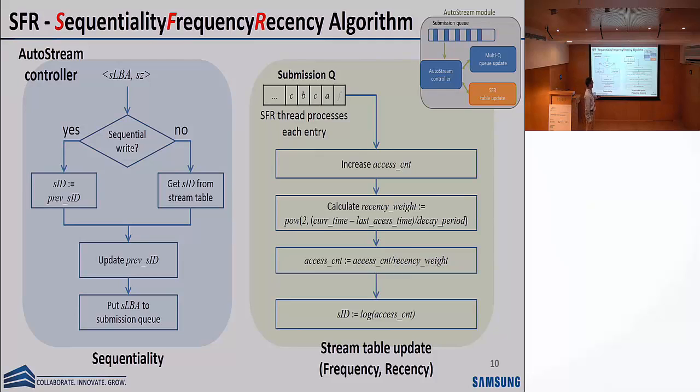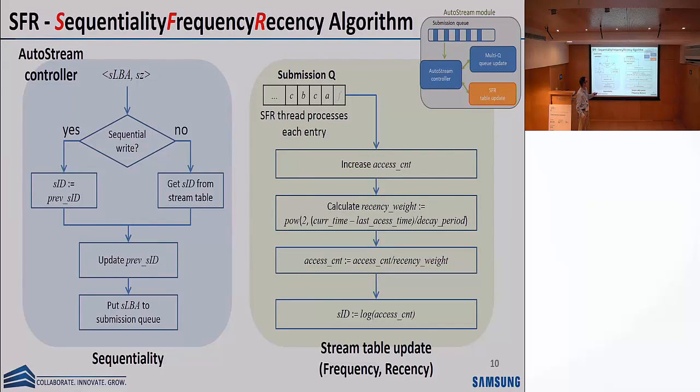Like multi-queue, SFR also runs a background thread. In the background thread, it processes the submission queue one entry at a time. When SFR processes one entry, it increases the access count, and also it calculates the recency weight, like what is the last access time from the current time.